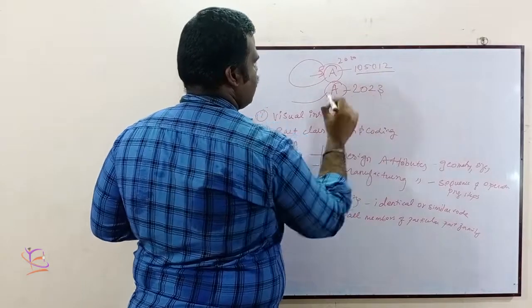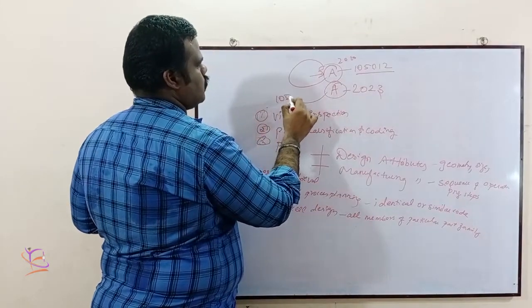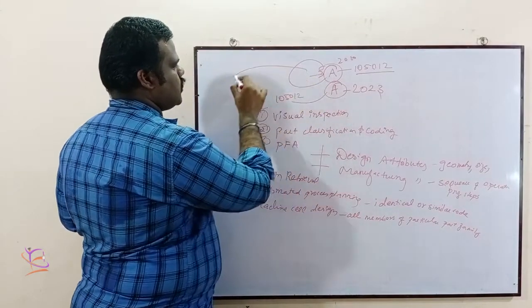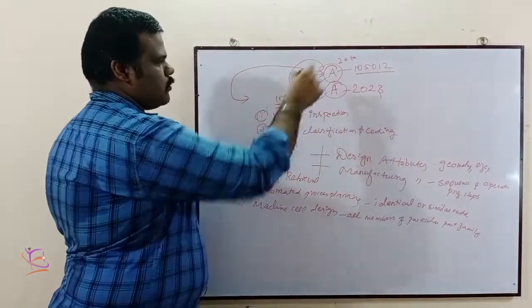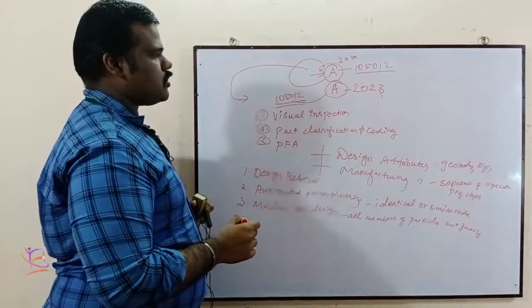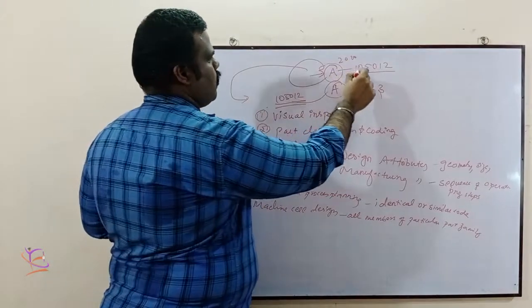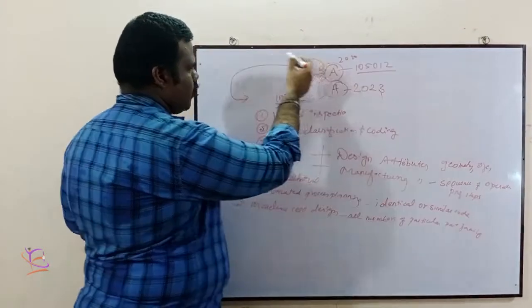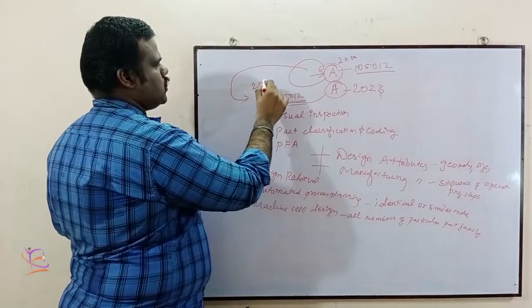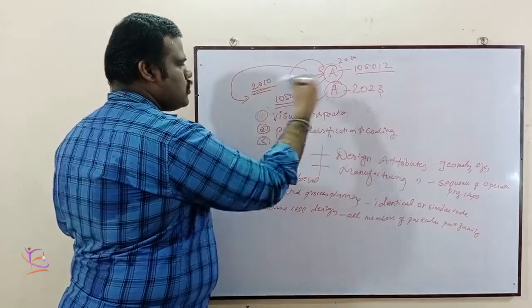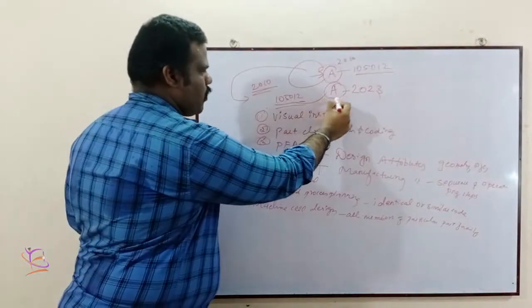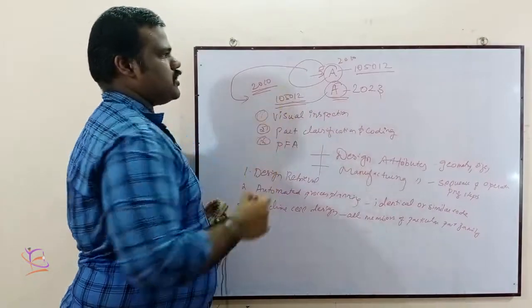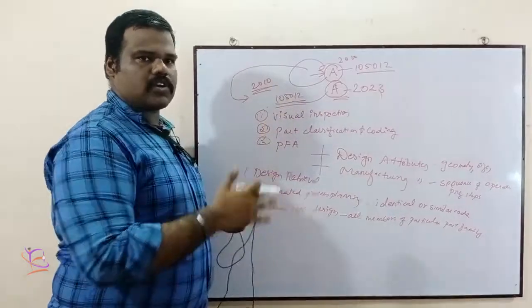This coding will be given, and I can search this code 105012. Now this can be retrieved. In 2023, I am typing this code to retrieve the product. 105012 was the product code, and I am retrieving product A, which was done in 2010. So now the process is easy, because the same product which I am doing in 2023 is already available from 2010. I have just given the code and retrieved the product.